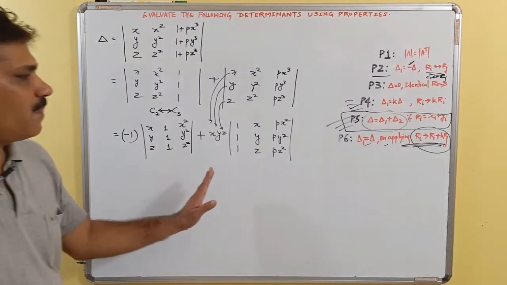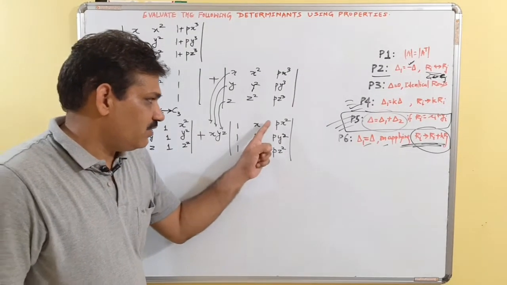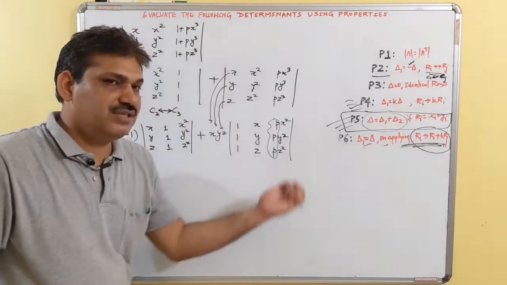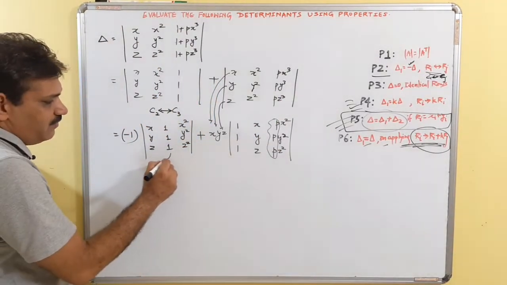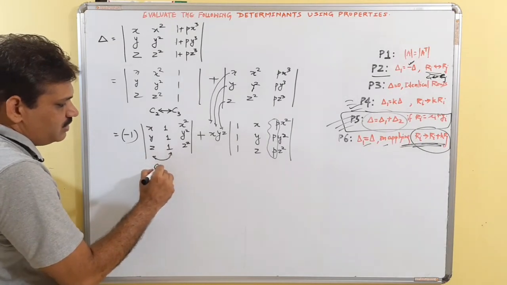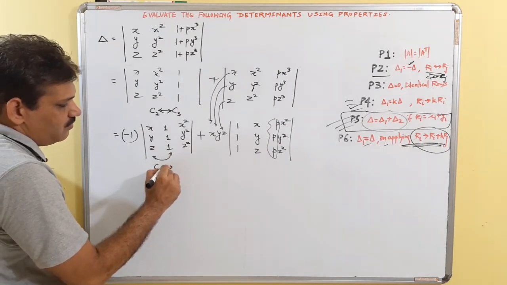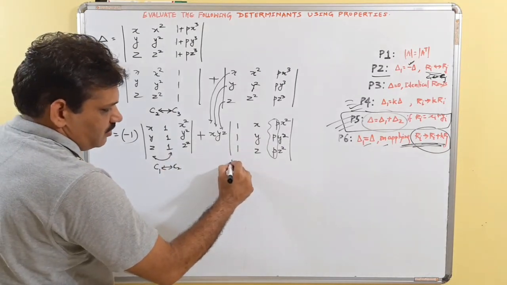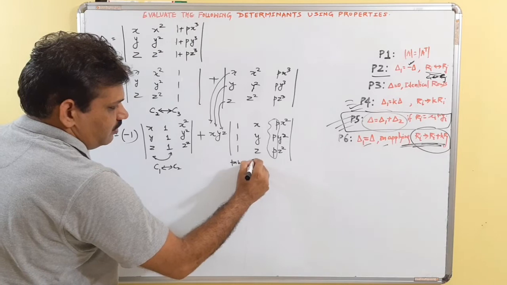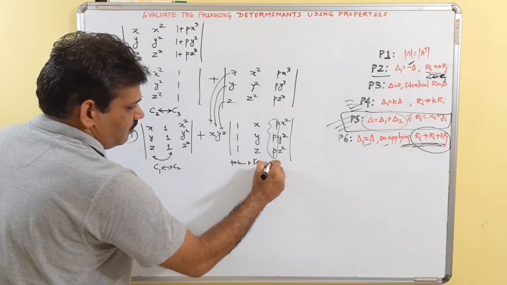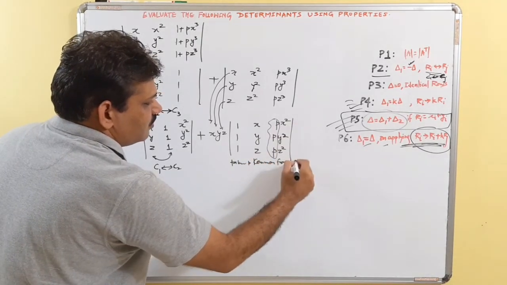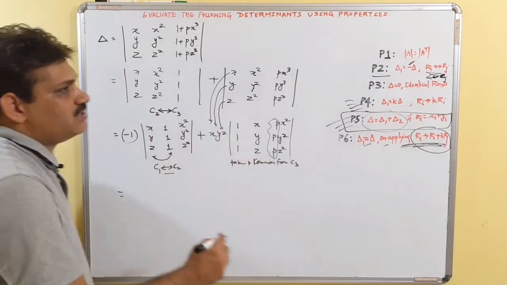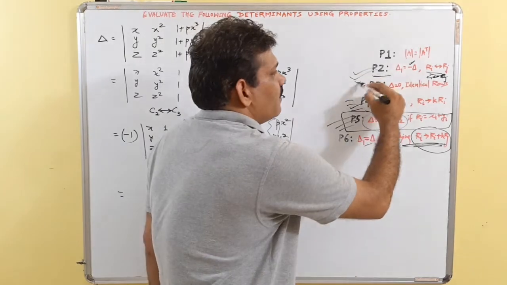Now here we can see P is common in all the terms of C3. Meanwhile, if we interchange these two, C1 is now interchanged by C2, and taking P common from C3. When we interchange, the sign changes.